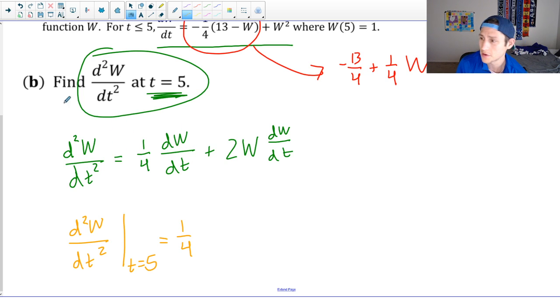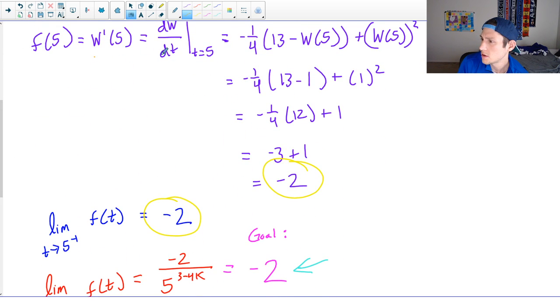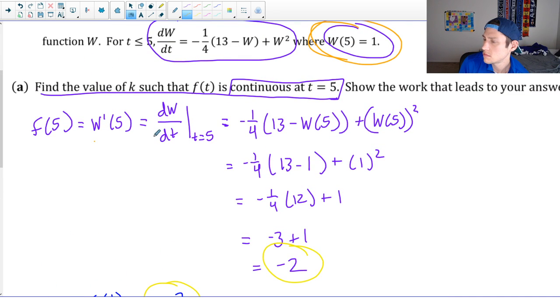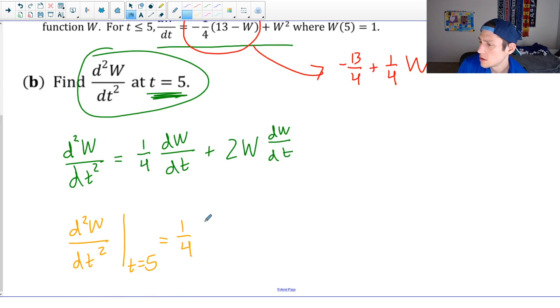Okay, we already figured that out. Right, from part A, we already know what the derivative is at t equals 5. It's -2. So I'm going to use that here. So 1/4 times -2.